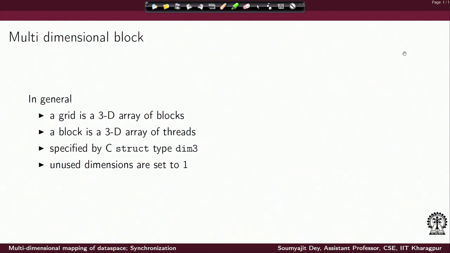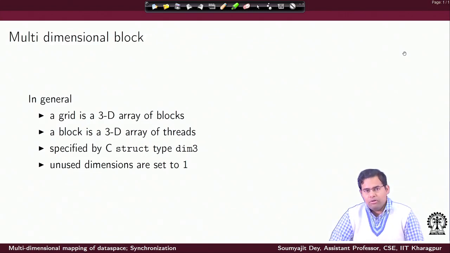This arrangement of the grid can be defined like this: essentially a grid is nothing but a 3D array of blocks. So inside a grid, I have entities known as thread blocks or blocks, and I can pack the blocks in 3 dimensions. We will see such examples, and then again a similar concept will repeat inside blocks.